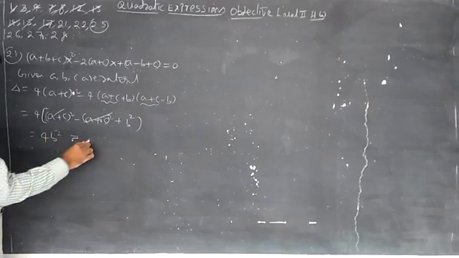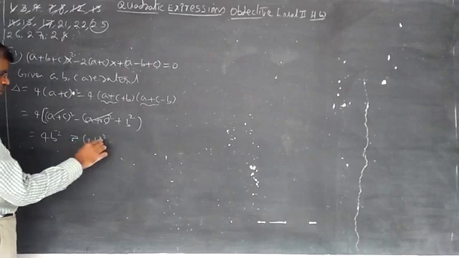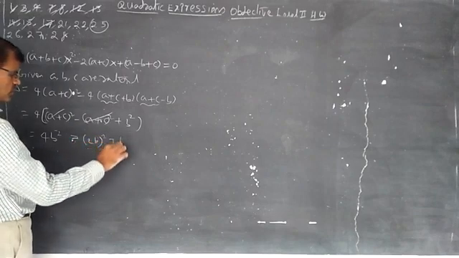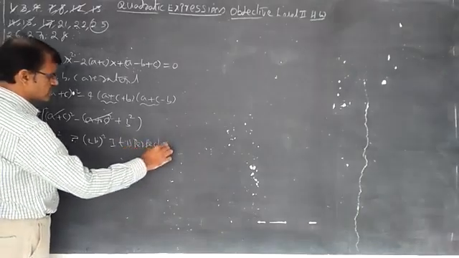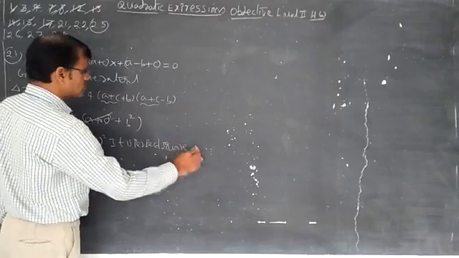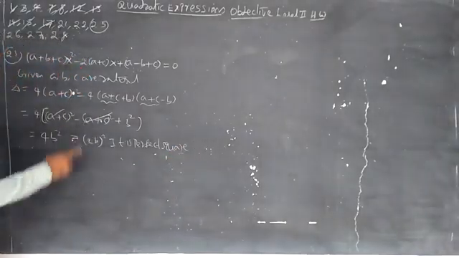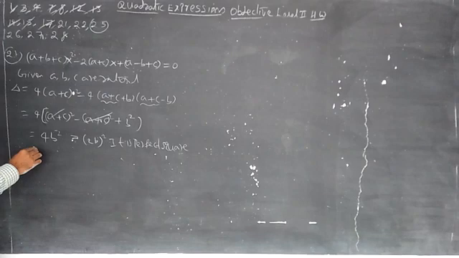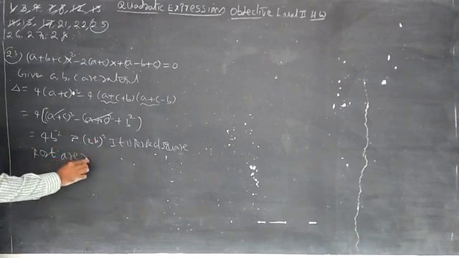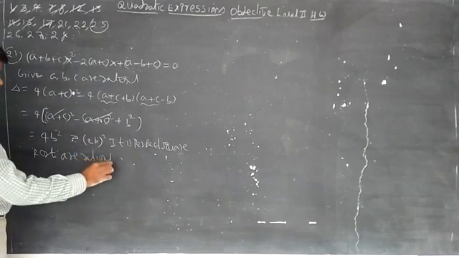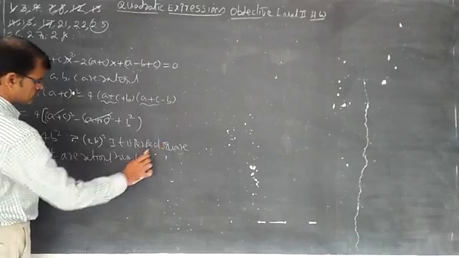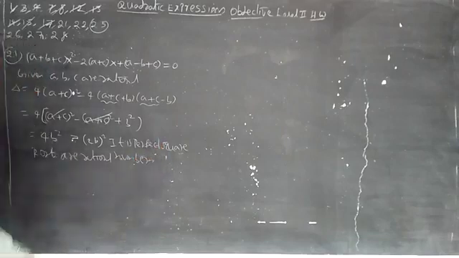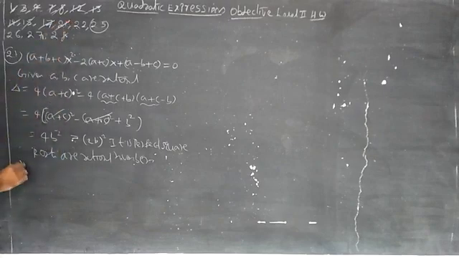So it is exactly a perfect square: (2b) whole square is a perfect square. So whenever a, b, c are rational, if delta is greater than 0 and a perfect square, the roots are rational numbers. Completed.